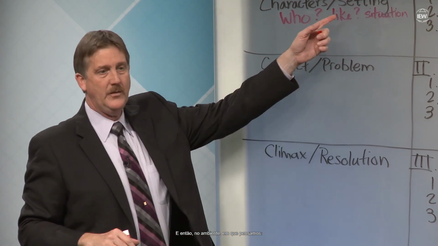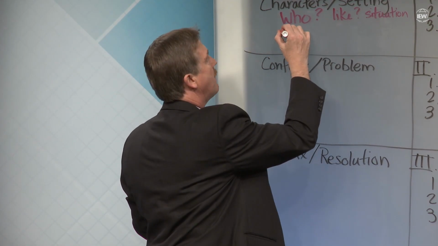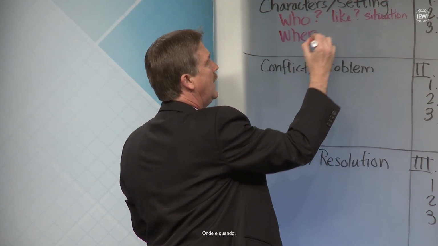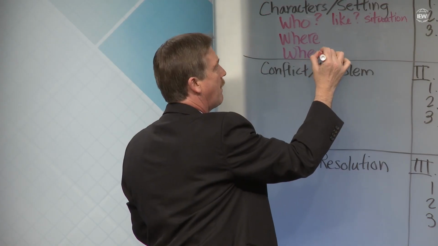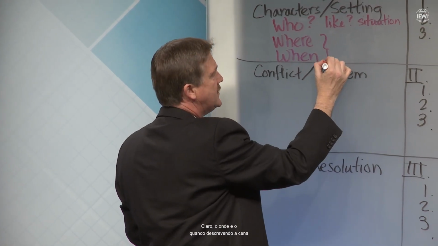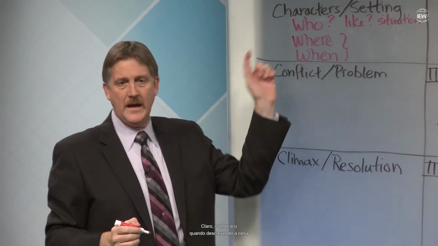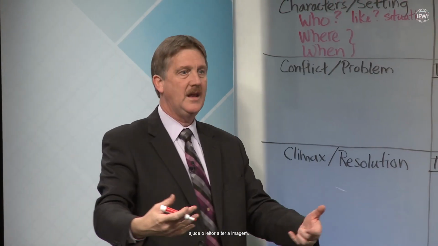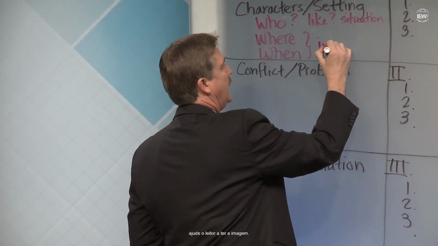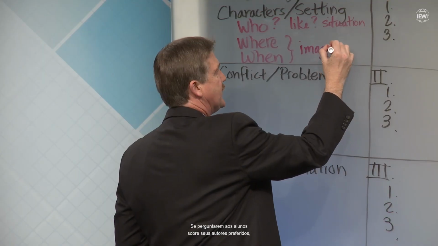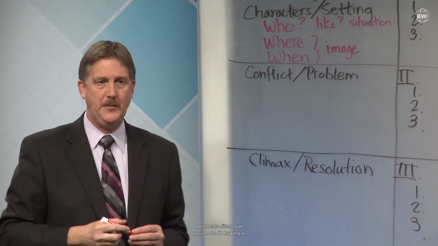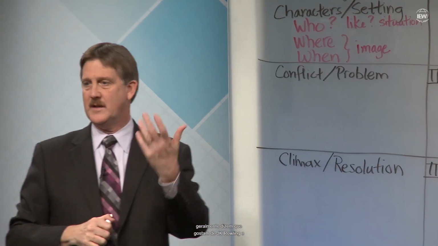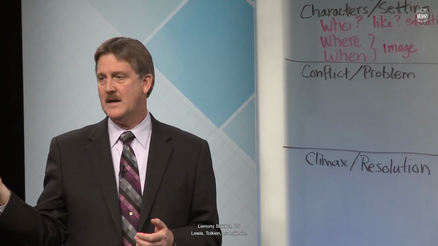And then setting, we usually think of what? The where and the when. And of course, these where and when describing the scene helps the reader get an image. You know, if you ask kids who are their favorite authors, they'll very often say people like J.K. Rowling or Lemony Snicket or C.S. Lewis, Tolkien if they're older.